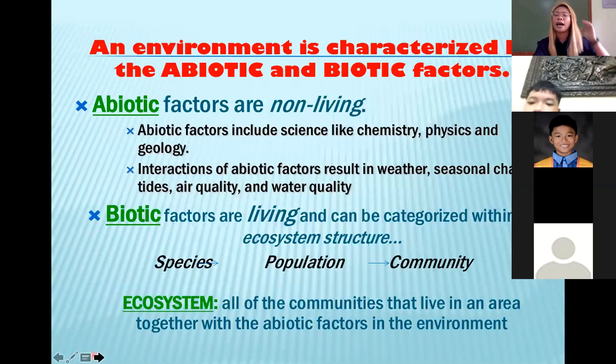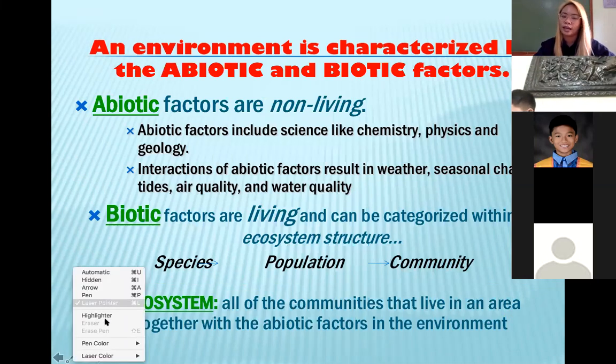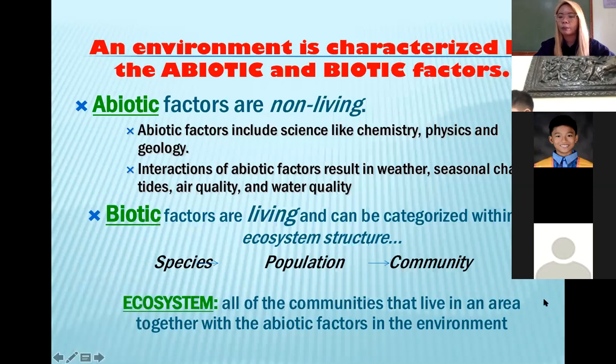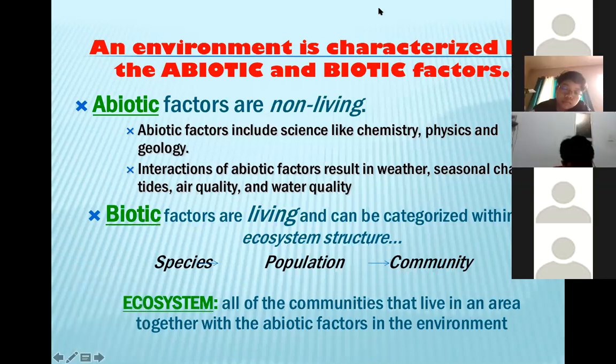Okay, so in an ecosystem, we have two components, and we call them the abiotic and the biotic factors, or the abiotic and the biotic components. Okay, so from the definition here, wait a moment. Okay, so abiotic factors, it says here, are your non-living components.